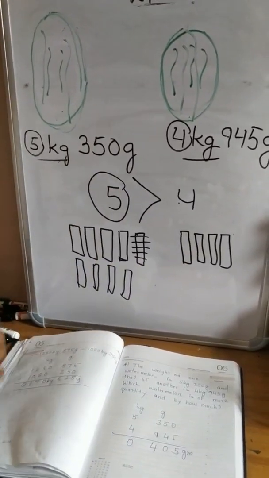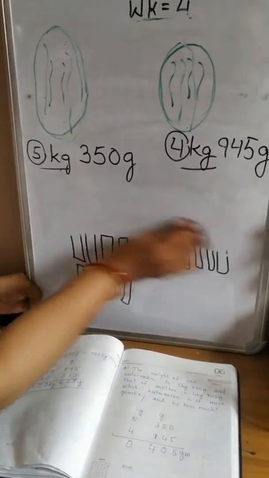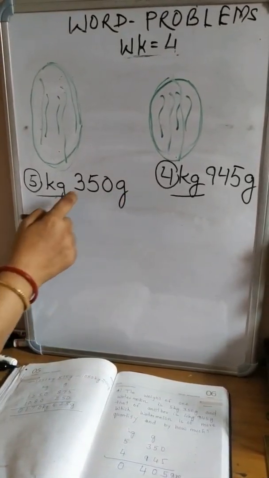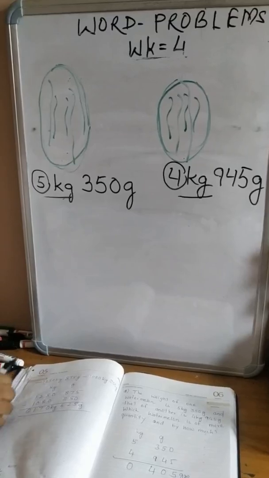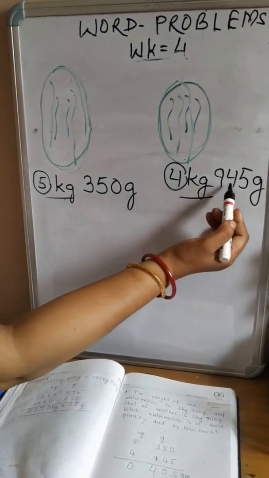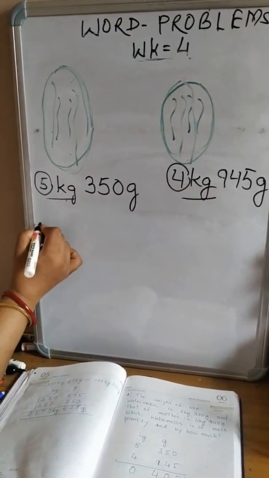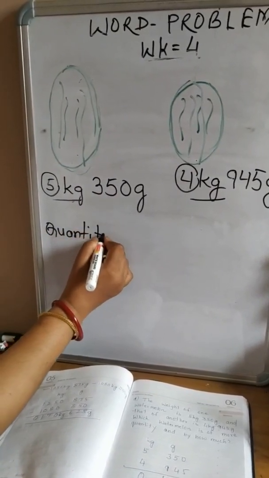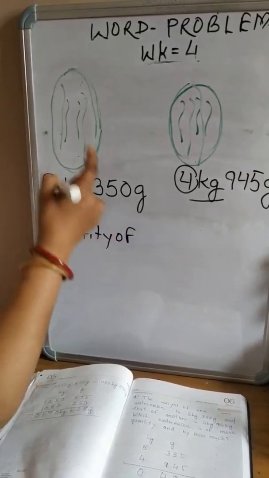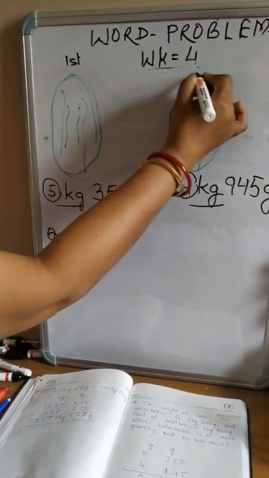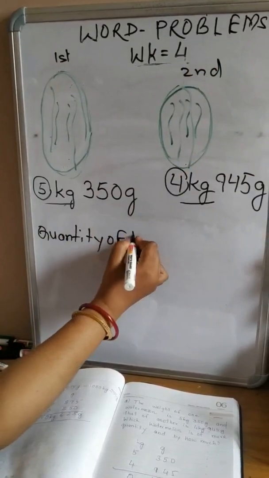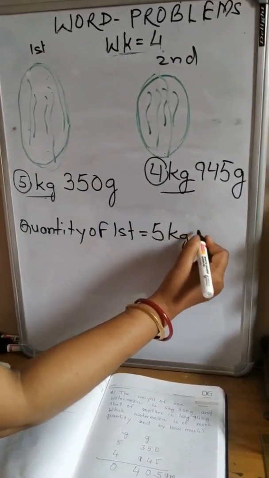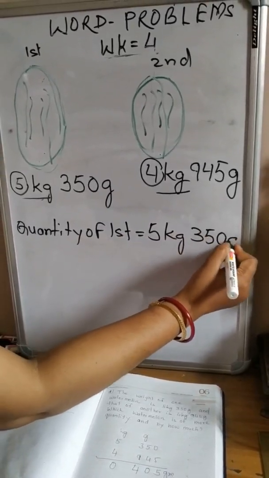So 5 kilogram 350 gram is more than 4 kilogram 945 gram. So this is the first watermelon, this is the second watermelon. The first is 5 kilogram and 350 gram.